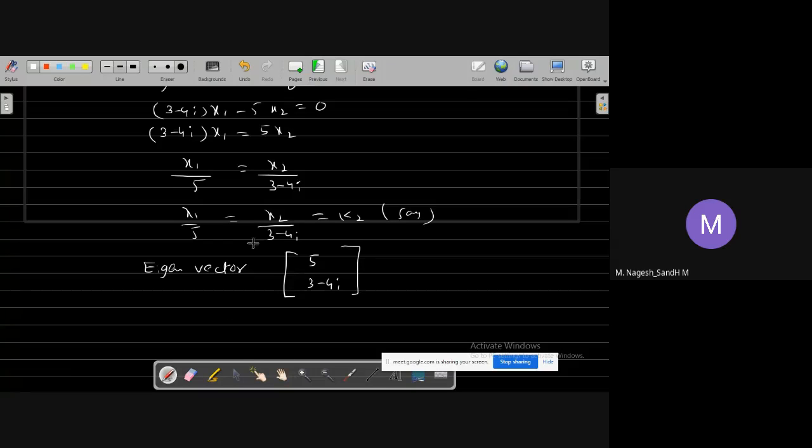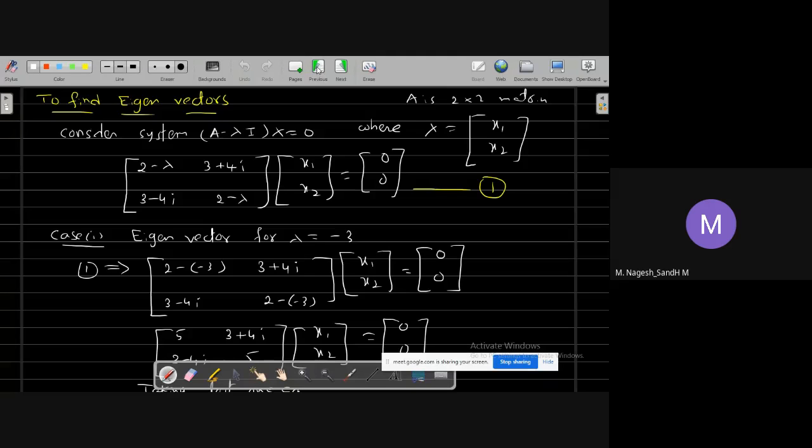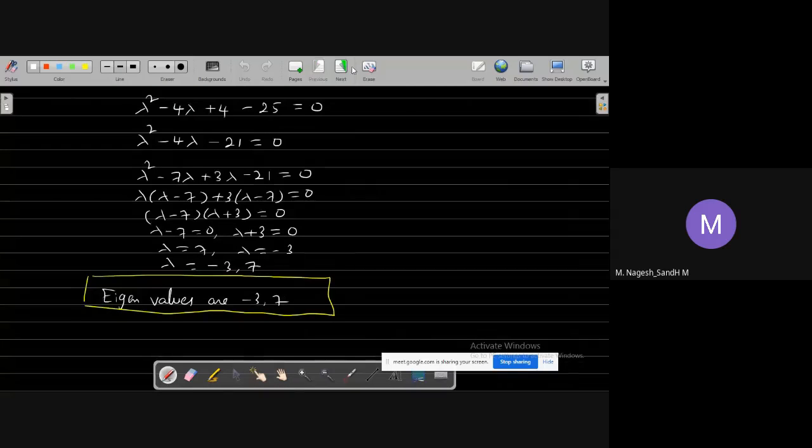So therefore you got eigenvalues are minus 3, 7.